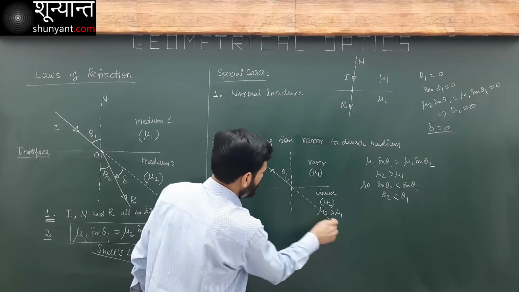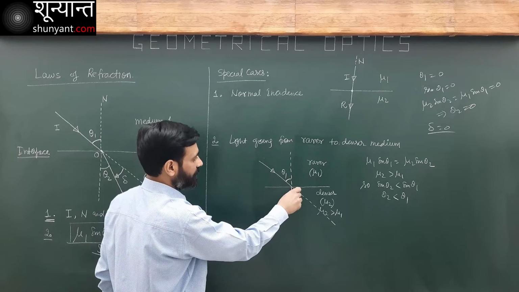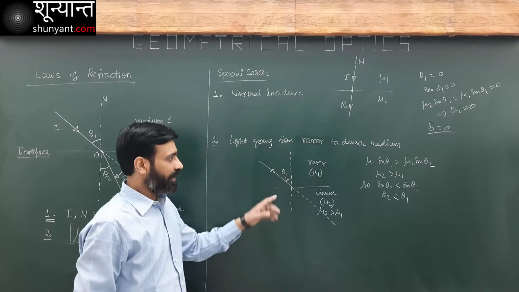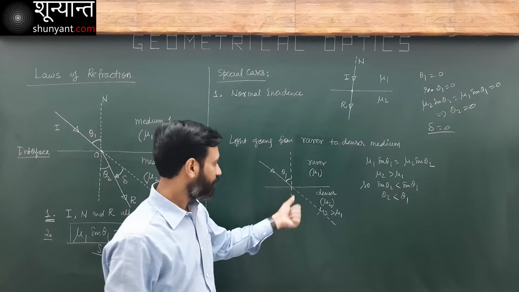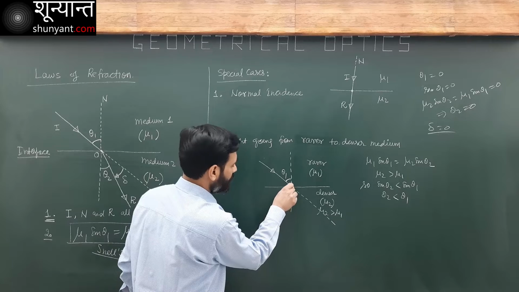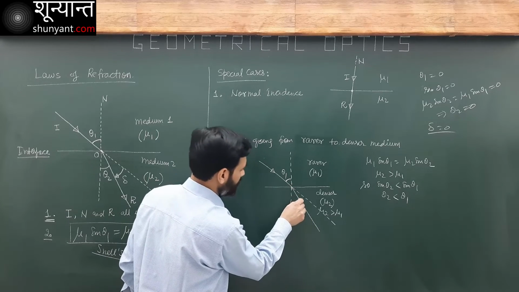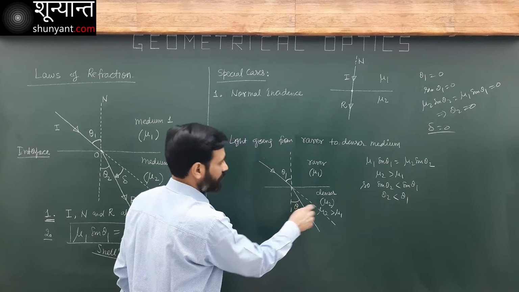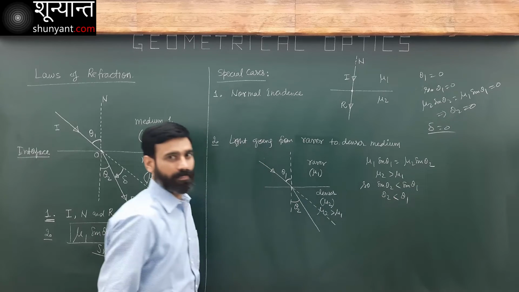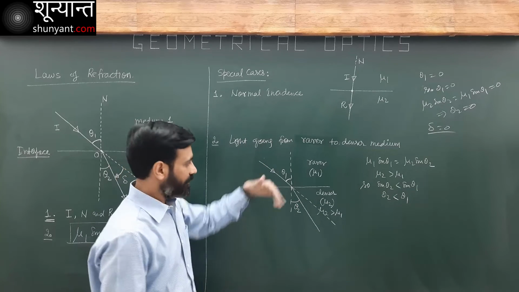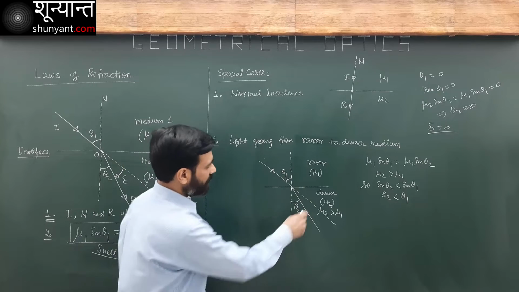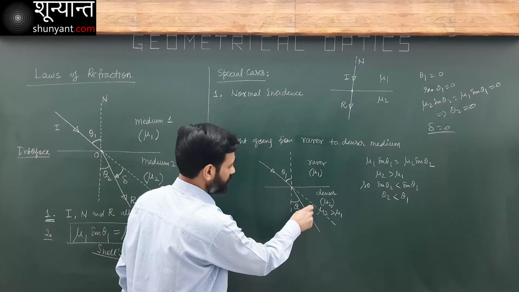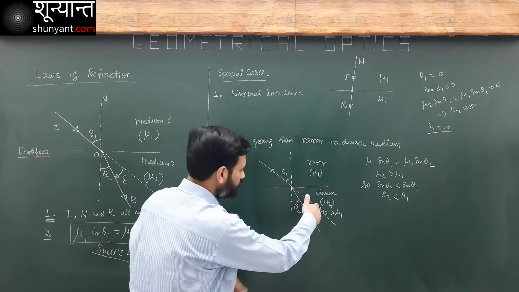This whole angle is theta 1. Now the angle from the normal is going to be smaller. This is theta 2. It is smaller than theta 1. Look at the deviation. This is the original path. Light is deviating like this. Light is going towards the normal.